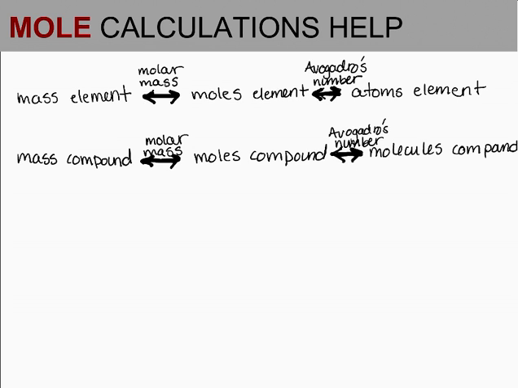And then what's also great is we saw in the previous problem that you can convert between moles of an element and moles of a compound. So for instance, we determined how many molecules of CO2 we needed to get a certain amount of carbon. And in order to convert between a compound and an element within that compound, we're just going to use those subscripts or ratios.